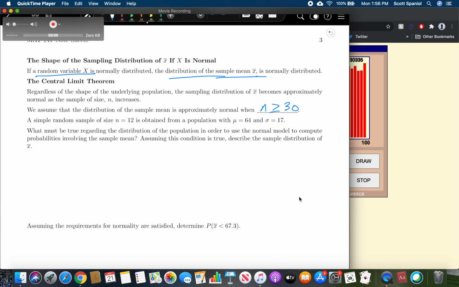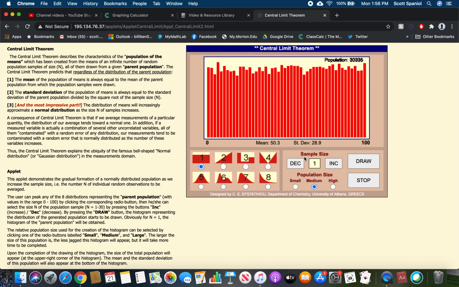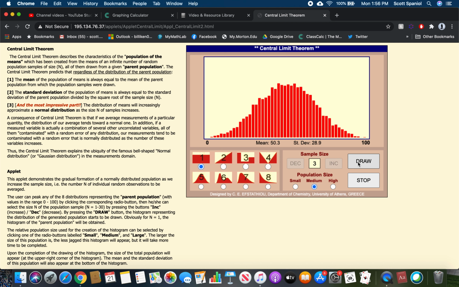Let's look at an applet that will demonstrate this central limit theorem idea. The idea here is no matter how weird your original distribution is, as you start to increase the sample size, it will become more and more normally shaped. Like here, this is a fairly uniform distribution. If I increase the sample size from 1, which is just the data, to 3, I'm already getting a pretty normal shaped graph.